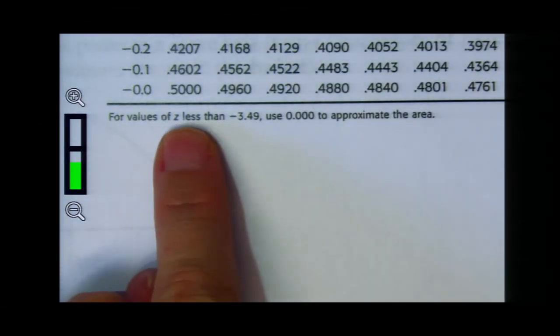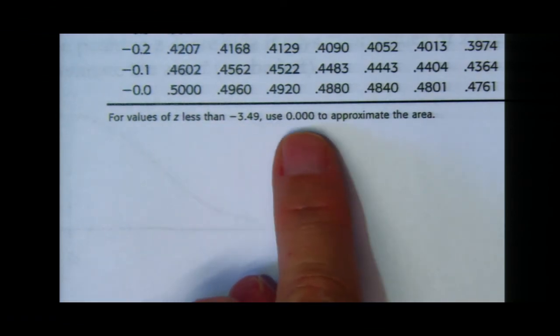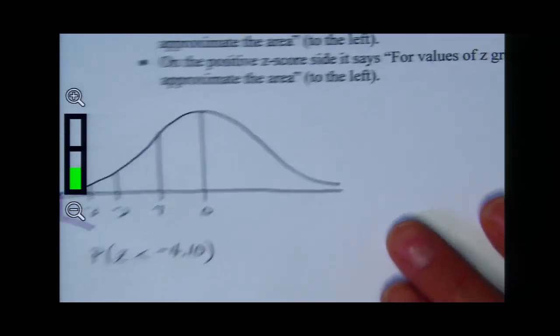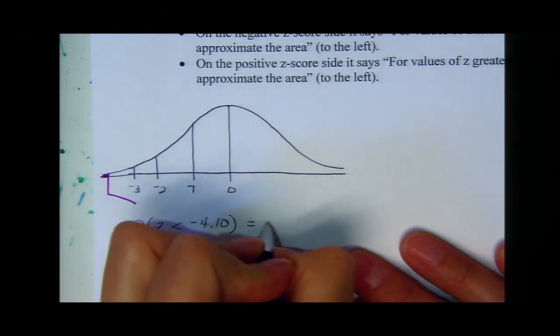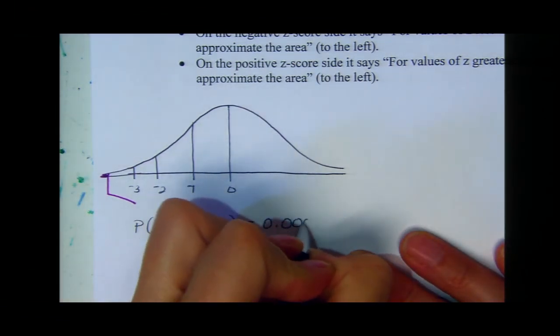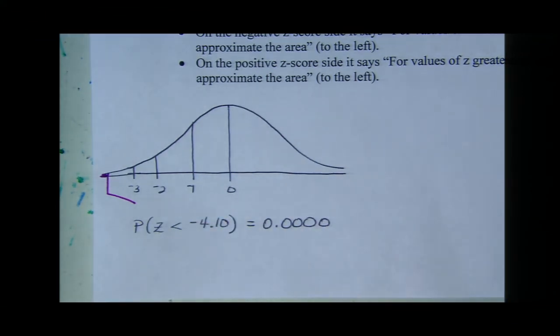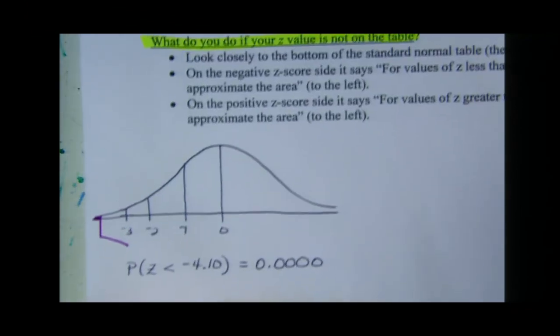For values of z less than -3.49, use 0 to approximate the area. So since I'm less than, I just use the number from the table, and it is telling me to use 0. And that's because it's so small, it's just so insignificant. There's eventually a number out here. It just is so small that we just use 0.